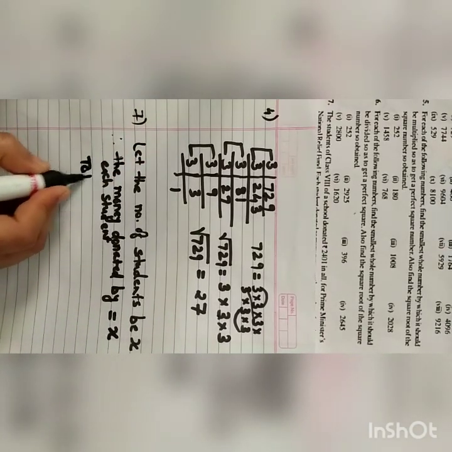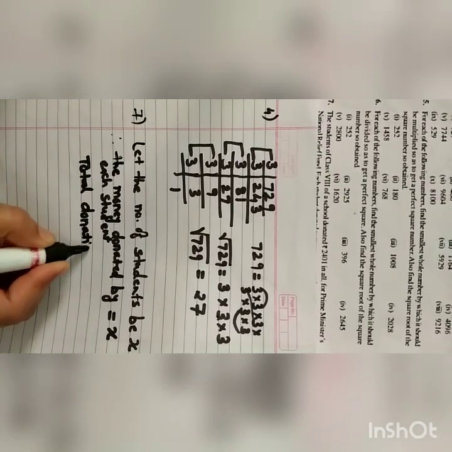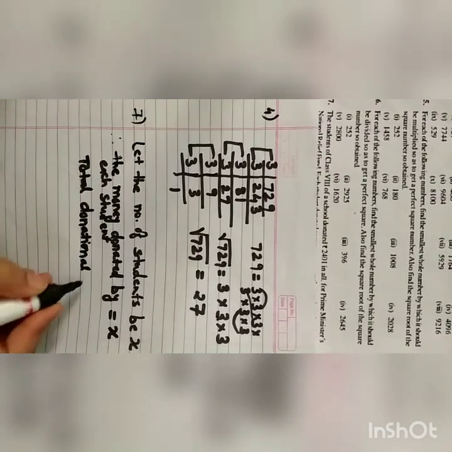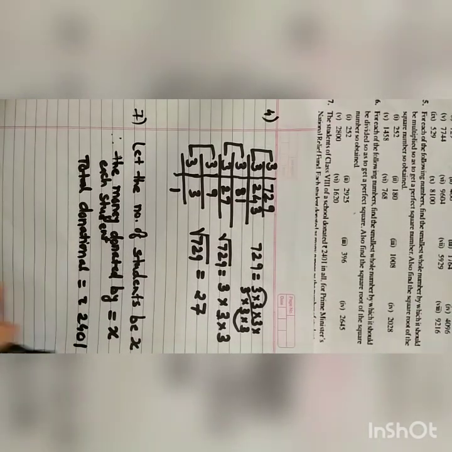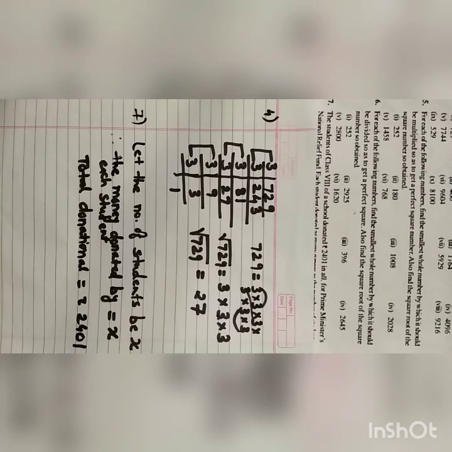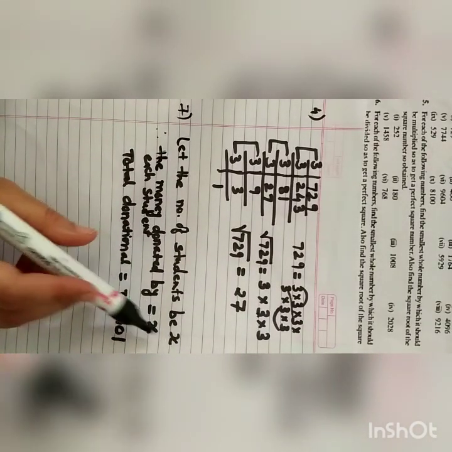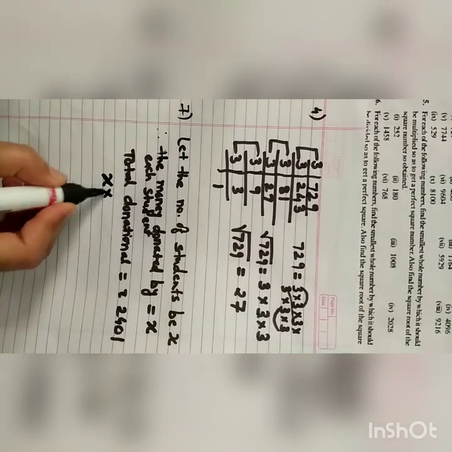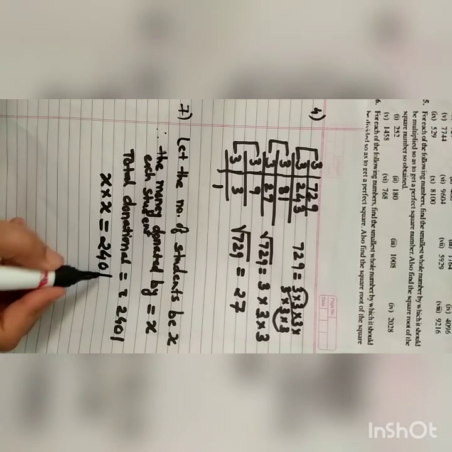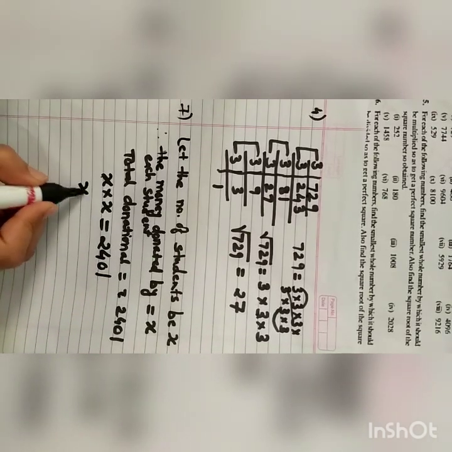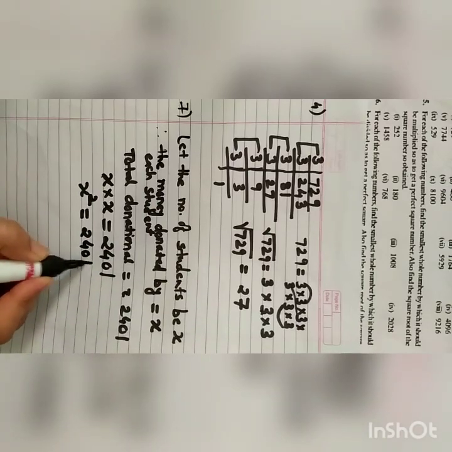The total donation is equal to rupees 2401. As many rupees, as many students. So students and money will be multiplied. That is x multiplied by x is equal to 2401. x multiplied by x means x square. x square is equal to 2401.